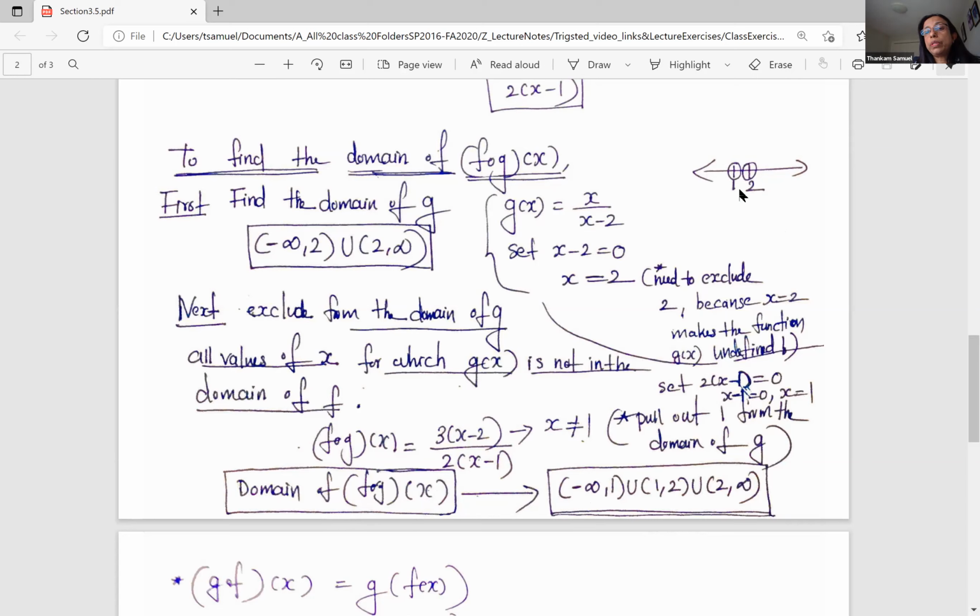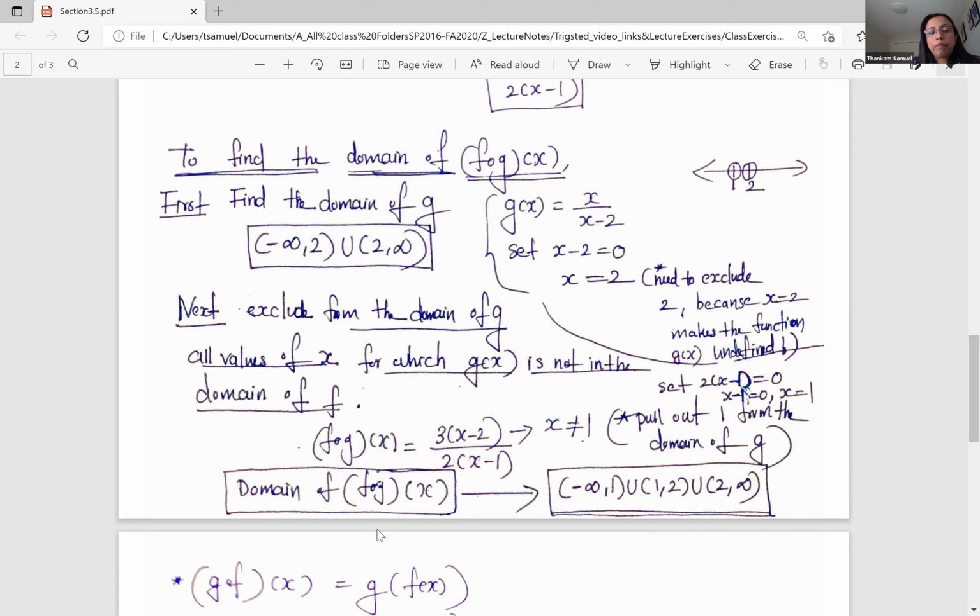We need to exclude this value also from the domain of g. So the final answer for the domain of f of g of x is negative infinity to 1 union 1 to 2, right? All these numbers are parentheses because these numbers are not included in the domain, then 2 to infinity.